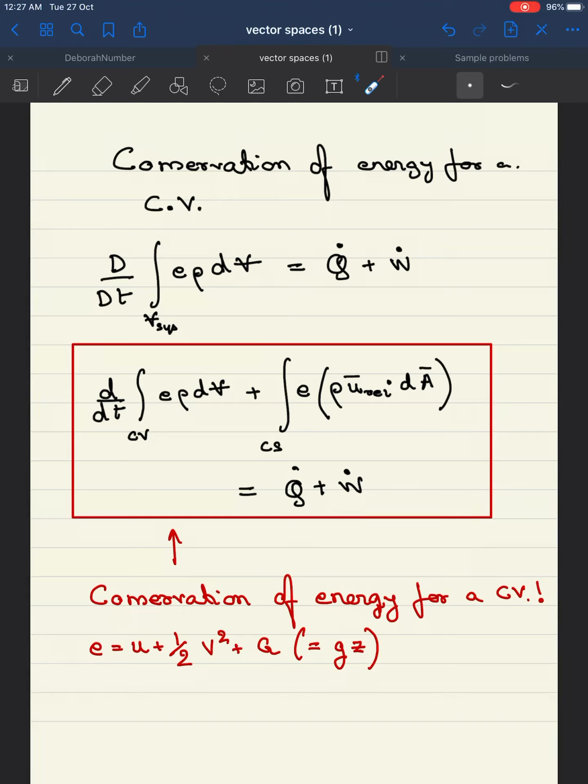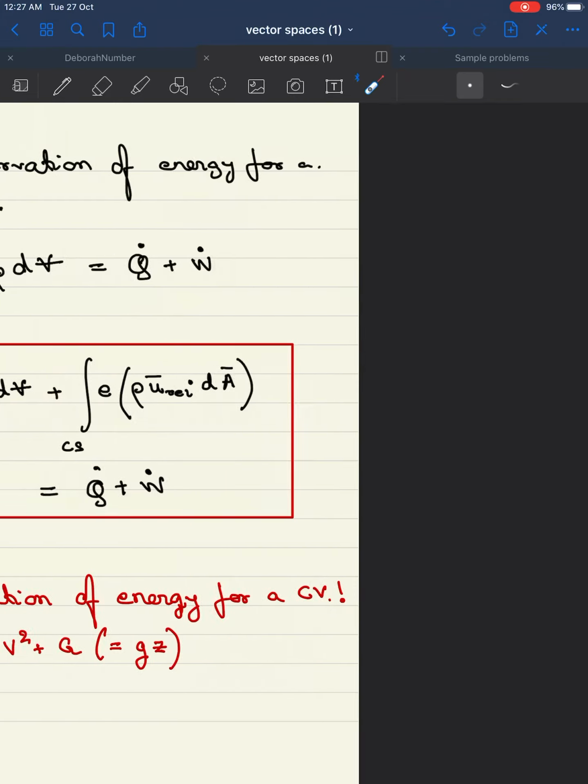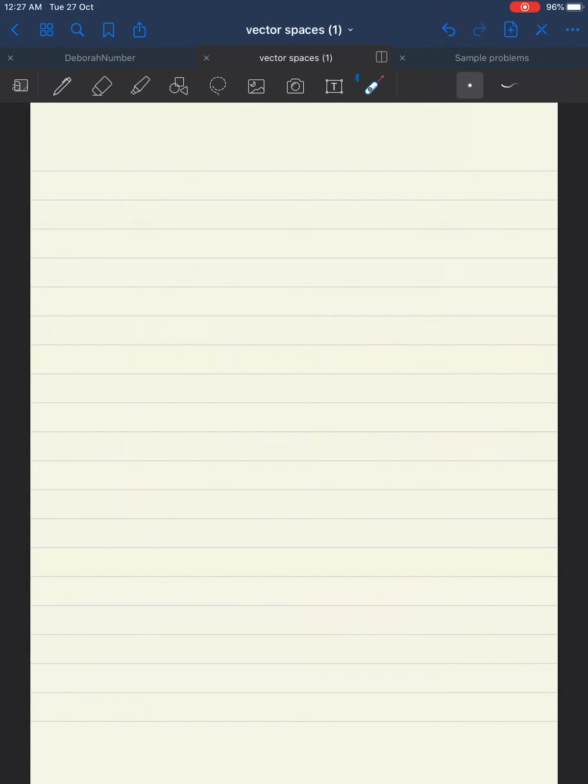So usually what we do is break up this work into different constituents. It's usual to say that the total work done on the control volume is partly due to the normal forces.